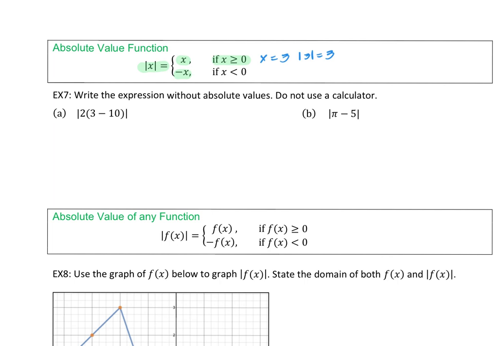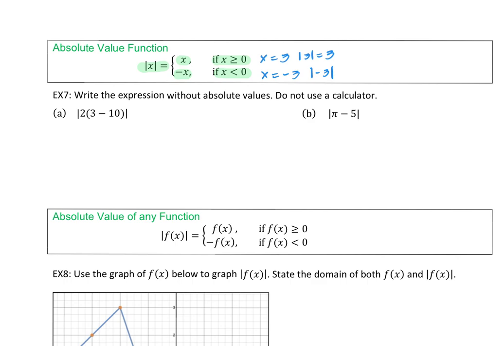However, if what we're putting into our absolute value is less than 0, so it's negative, then to get rid of the absolute values, we take the negative of whatever that is. So if we're looking at x equal to -3, then the absolute value of -3, now we all know that that's just 3.